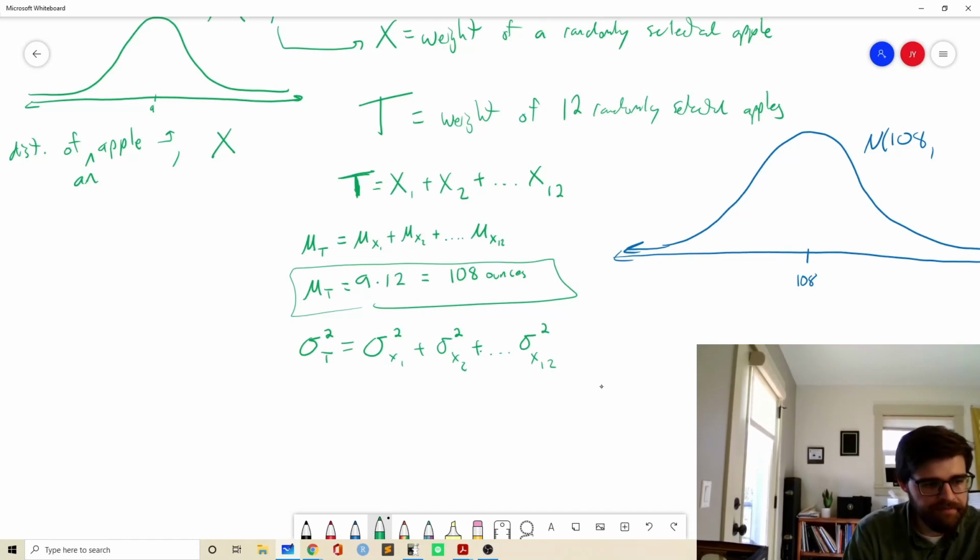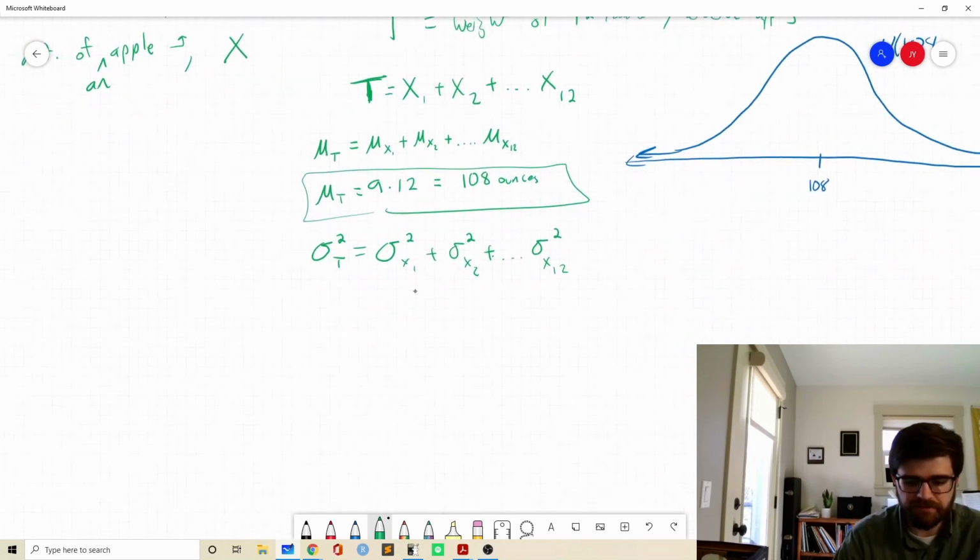So let's see what we got. The standard deviation of a single apple is 1.5 squared. It's 1.5, and then we're going to square it. Okay, so it looks like we need to square 1.5 and then add whatever that is to itself 12 times.